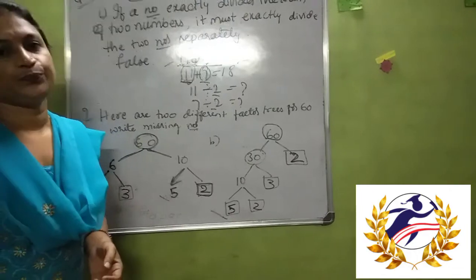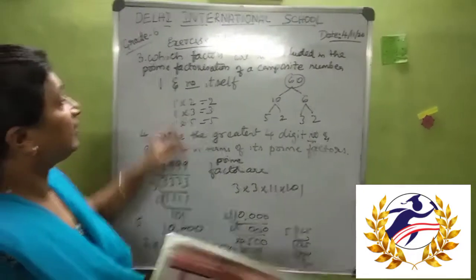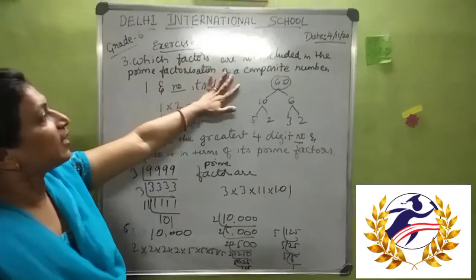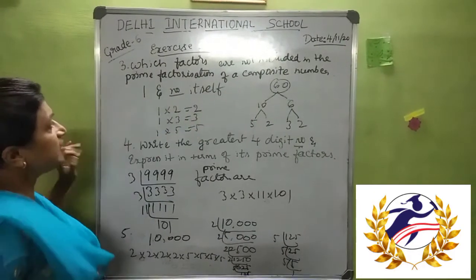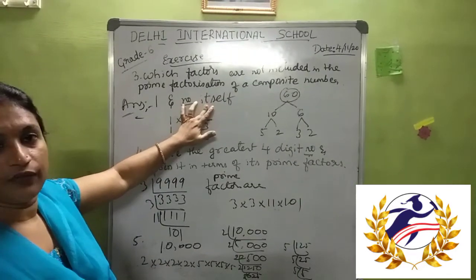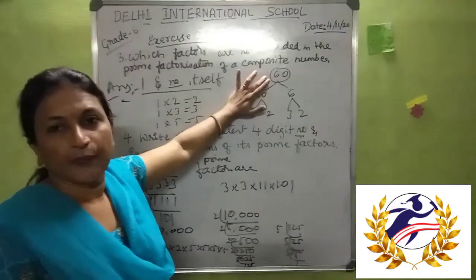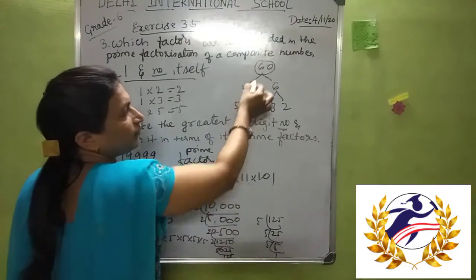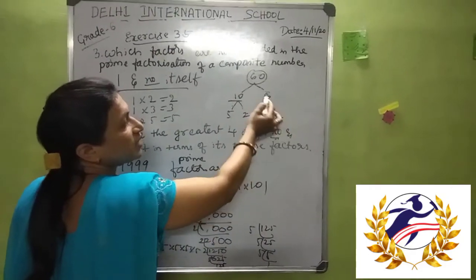Okay, so next we will take the third problem. Which factors are not included in the prime factorization of a composite number? The answer is 1 and the number itself. How is it possible? We will take the previous example, 60. In the factor tree of 60, 10 6s are 60, 5 2s are 10, 3 2s are 6.